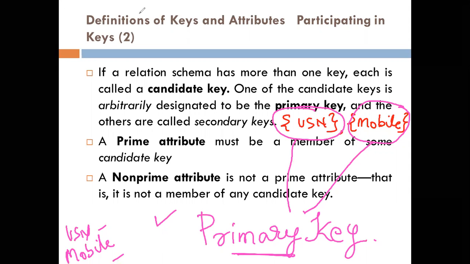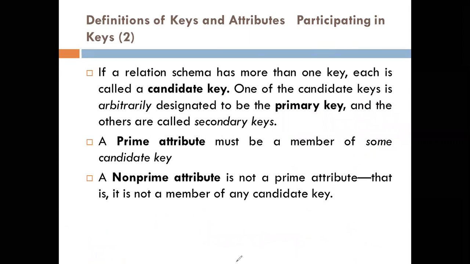So if we represent everything, at the core of it, the first thing that remains is the super key. So the super key is the core part. Then within the super key, we'll have a key. Then if there are two keys, we'll have candidate keys.